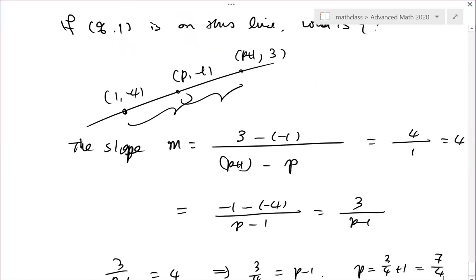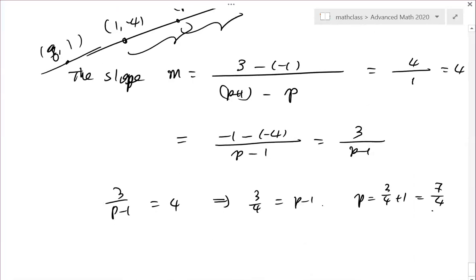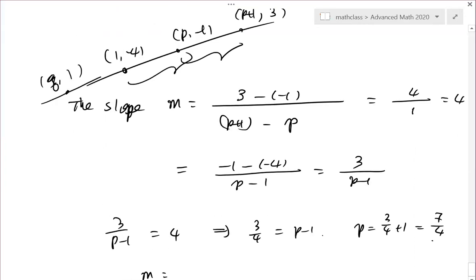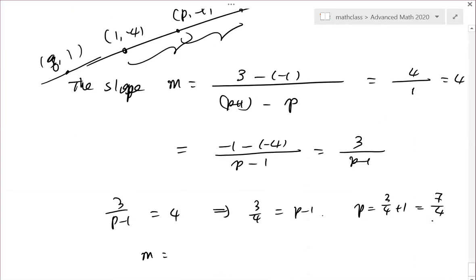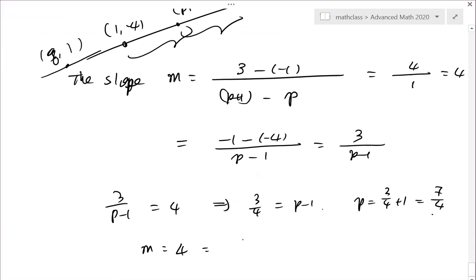Now you've determined those three points already. If the point Q is also somewhere, Q is on the same line, so just use the same slope, okay? The slope is 4, and you can use these two points, right?